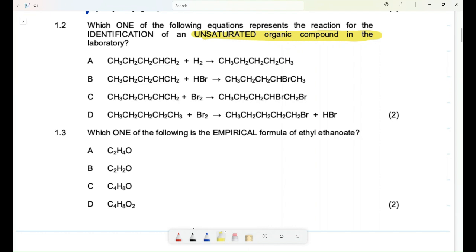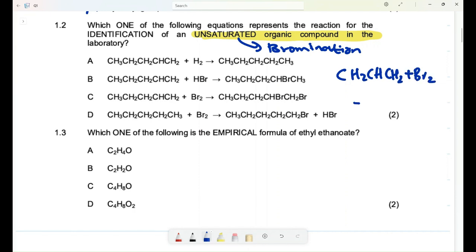Now, if you want to test for an unsaturated compound, you have to undergo an addition reaction called bromination, in which an unsaturated compound, let's say CH2=CH2, we add Br2 to it. Then it gives us something like CH2Br-CH2Br. Okay, this is bromination.